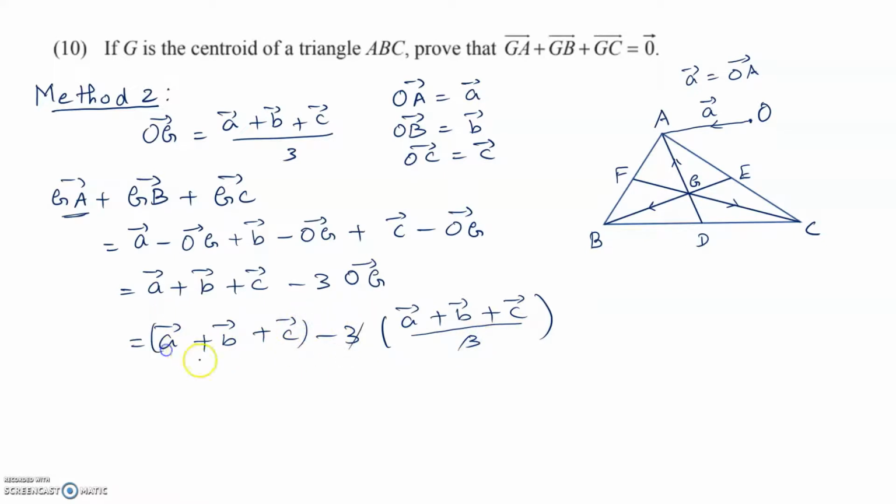You can see that A vector plus B vector plus C vector minus A vector plus B vector plus C vector will be 0 vector. So LHS is equal to RHS. Hence the proof.